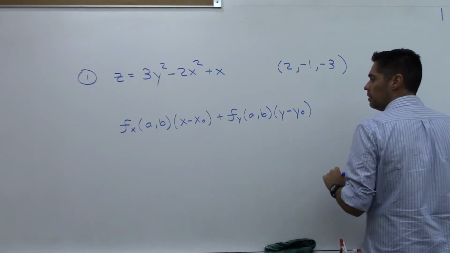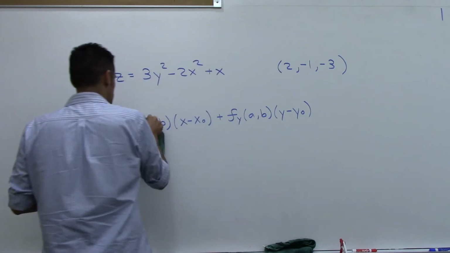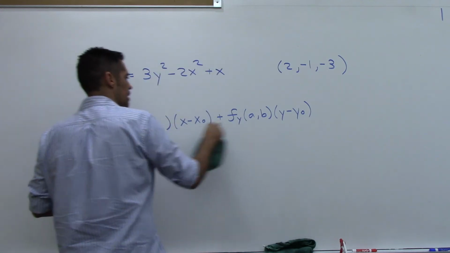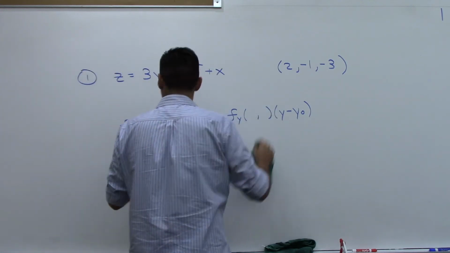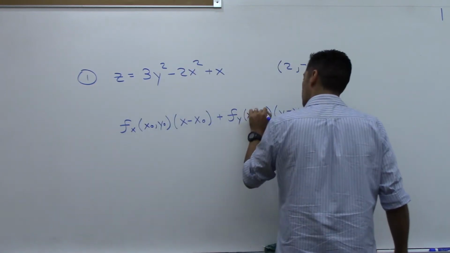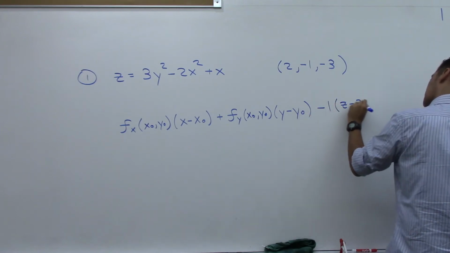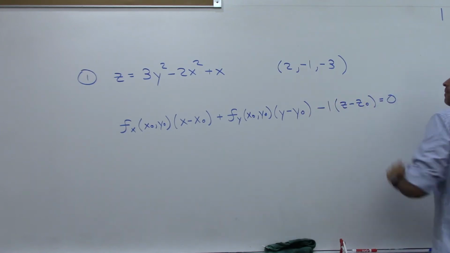And, well, you know what? We should replace a, b with x naught, y naught. X naught, y naught, x naught, y naught. And then this one will always be minus 1, z minus z naught equals 0.